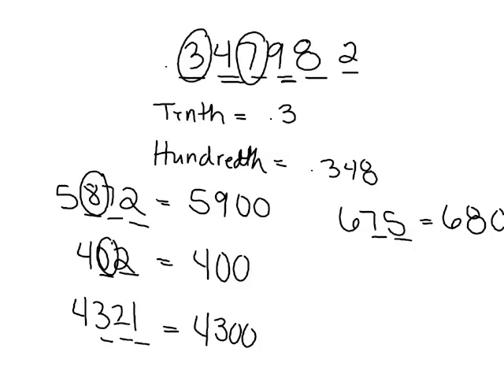So our nearest 10 place would be 680. 7,685. Let's round that to the nearest 10. So ones, tens, up or down? Okay. 7,690. So there's a table there on the front of your handout that gives you from millions to millionths.